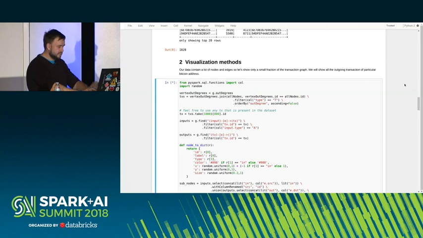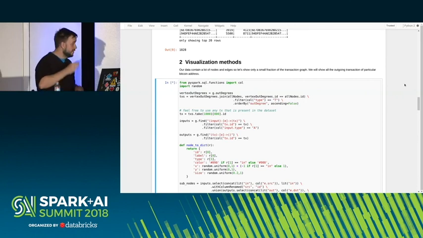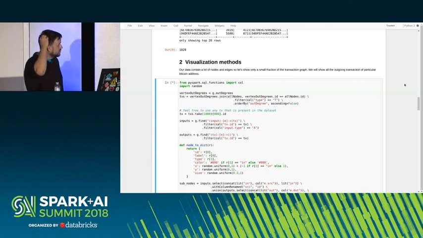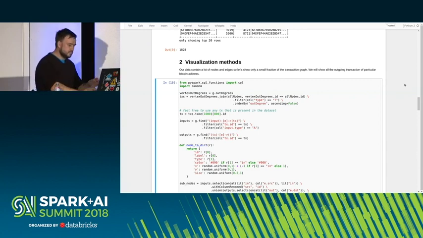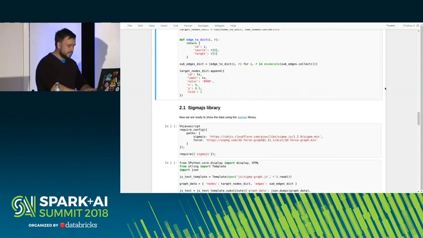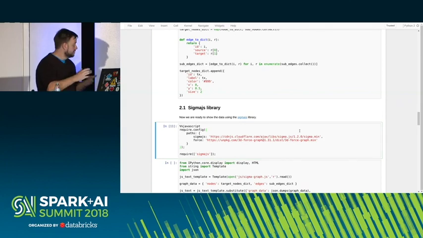Here I will try to visualize some subgraph of the network. And by the way, I'm not working with the whole blockchain. I'm running only a fraction of the whole blockchain to make the demo feasible. But the algorithm in this notebook should work also with the whole blockchain.